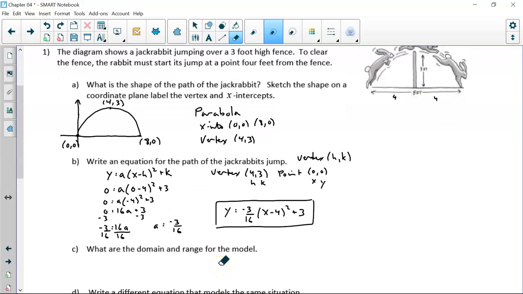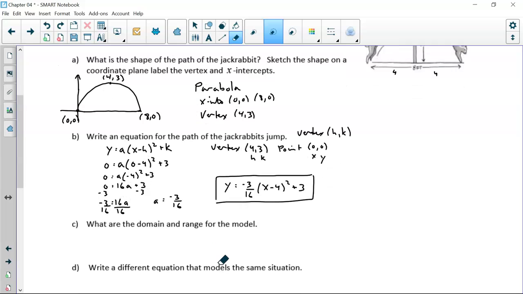Now, because our parabola is cut off, our domain for the jump is going from 0 to 8. So 0, x goes in the middle, and 8, with our less than or equal to's. That's our domain. It jumped 8 feet horizontally.